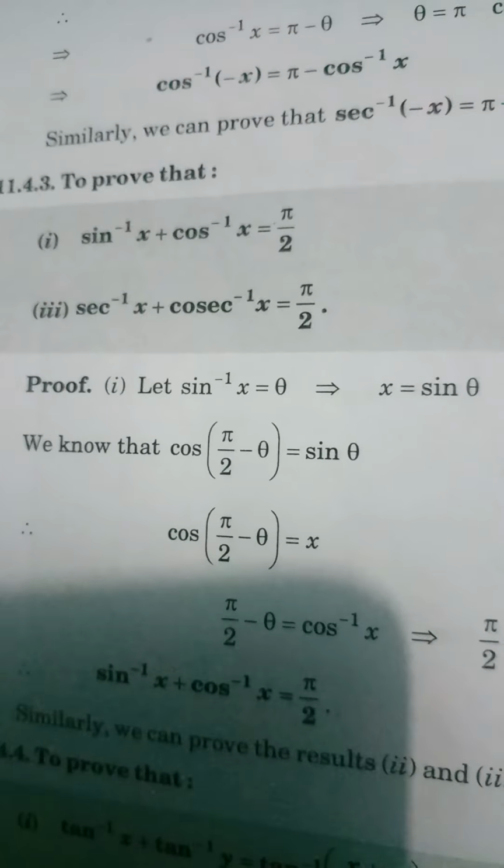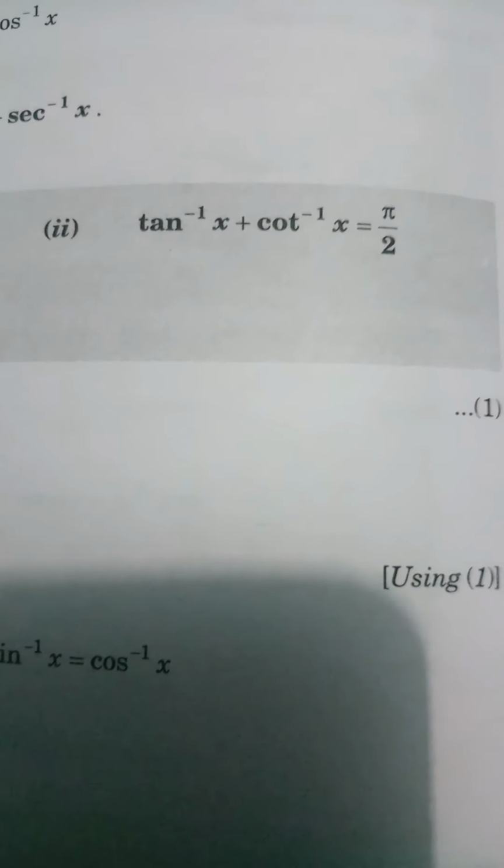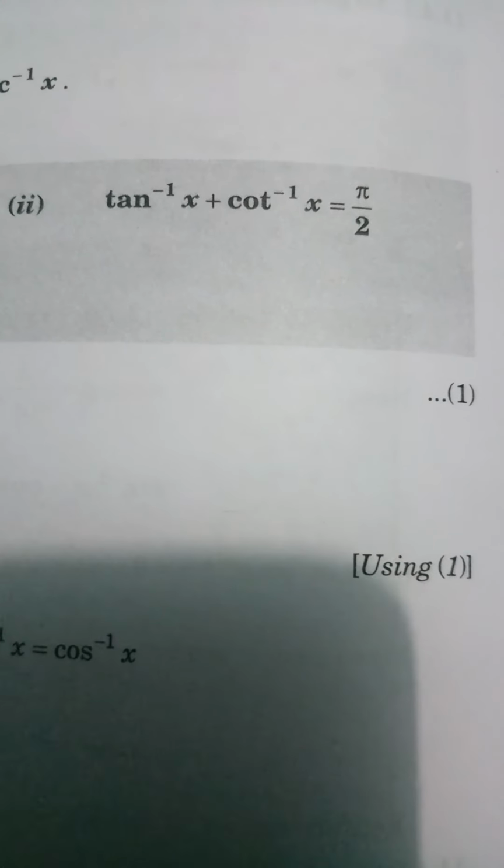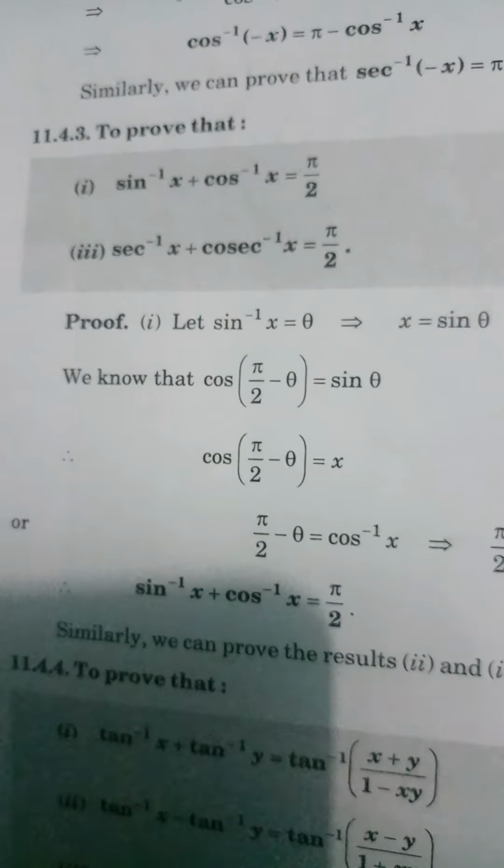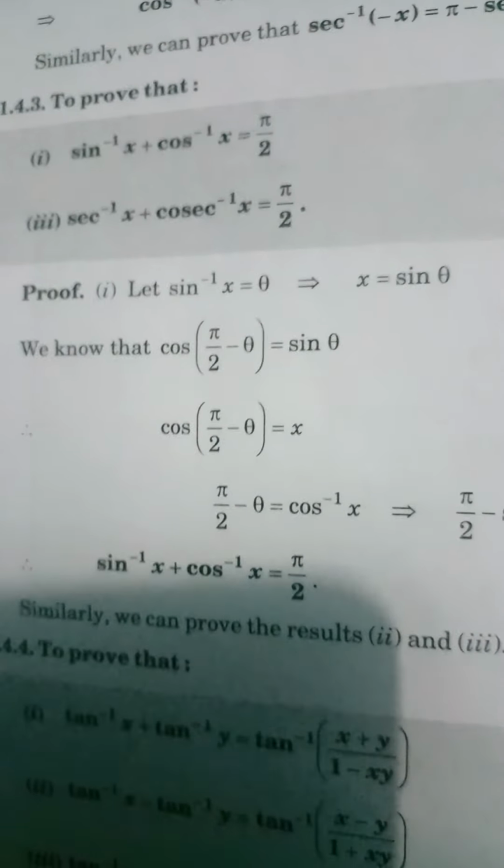To prove that sin inverse x plus cos inverse x is equal to pi by 2, tan inverse x plus cot inverse x equal to pi by 2, secant inverse x plus cosecant inverse x equal to pi by 2. Proof: let sin inverse x equal to theta implies x equal to sin theta. We know that cos pi by 2 minus theta equal to sin theta.